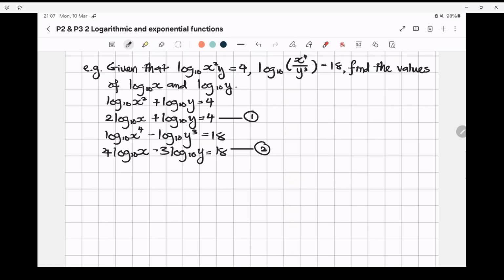So number 1 times 2, and then minus number 2. So 2 log base 10 x times 2, you get 4. That cancels off. You have 2 plus 3, you have 5 log base 10 y equals 8 minus 18, which is minus 10.